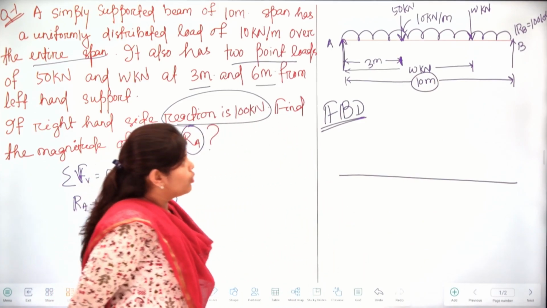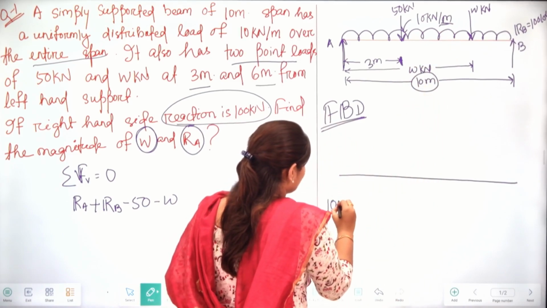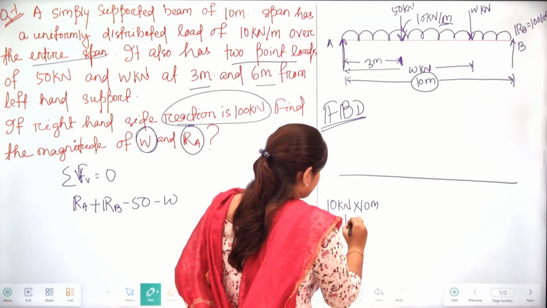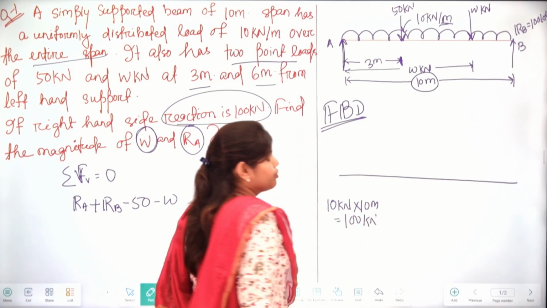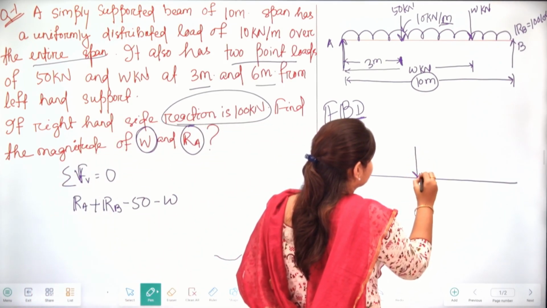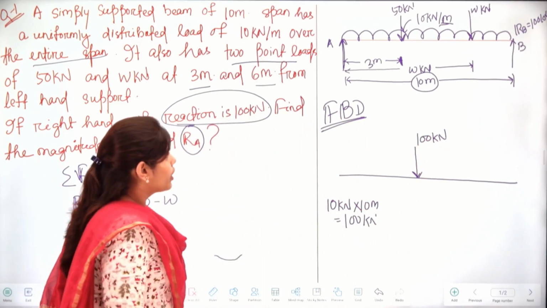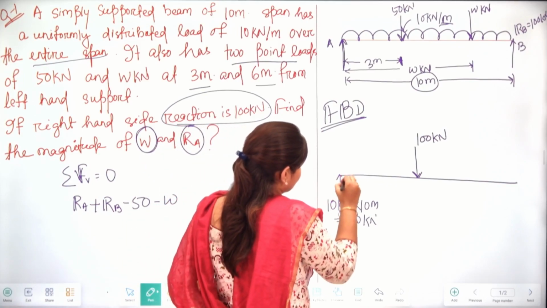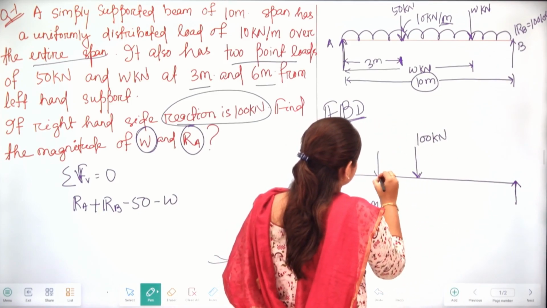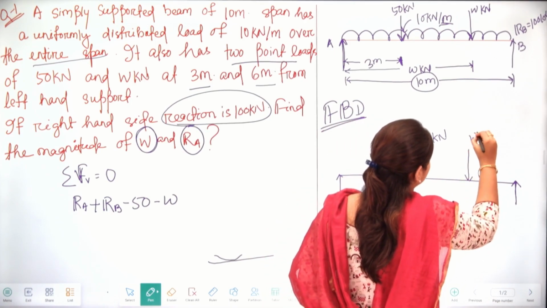Okay, 10 kilonewton load is applied for 1 meter. So the total load is 10 kilonewton multiplied by 10 meter. That means we have 100 kilonewton of load, at the mid span of the beam. Okay. So here the free body diagram is going to be like this. And here we have W kilonewton.